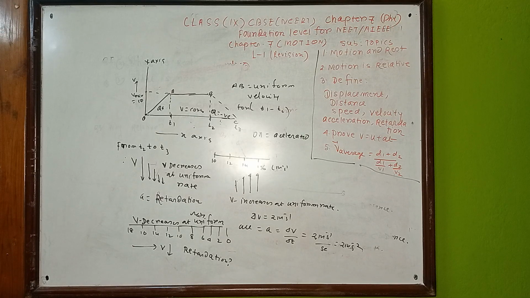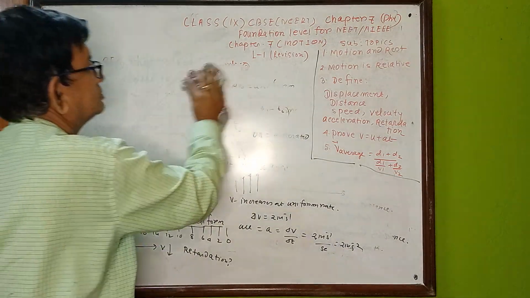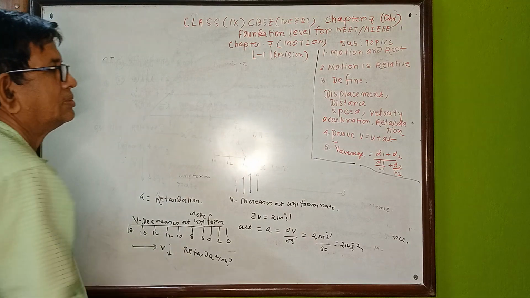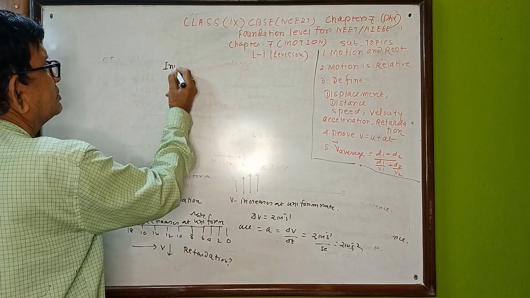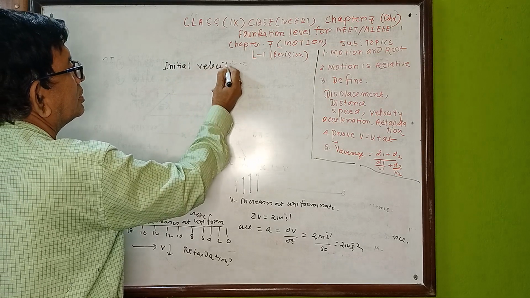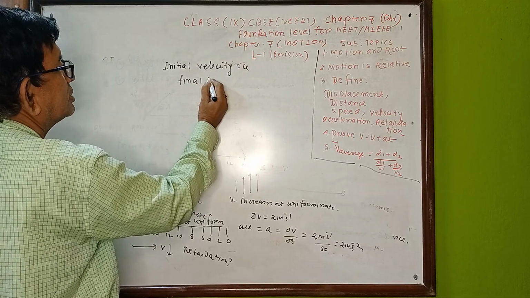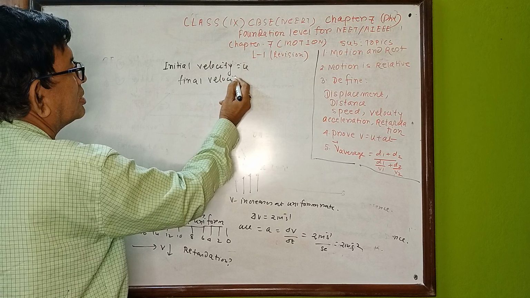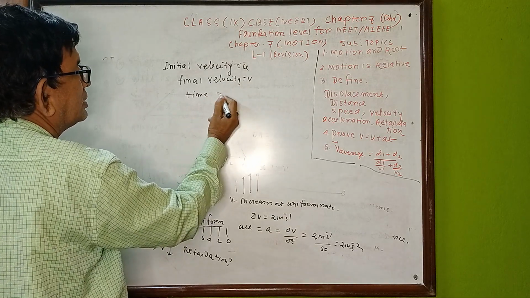Now I am going to derive equation number 1 for motion. Suppose initial velocity is u, final velocity is v, time t.